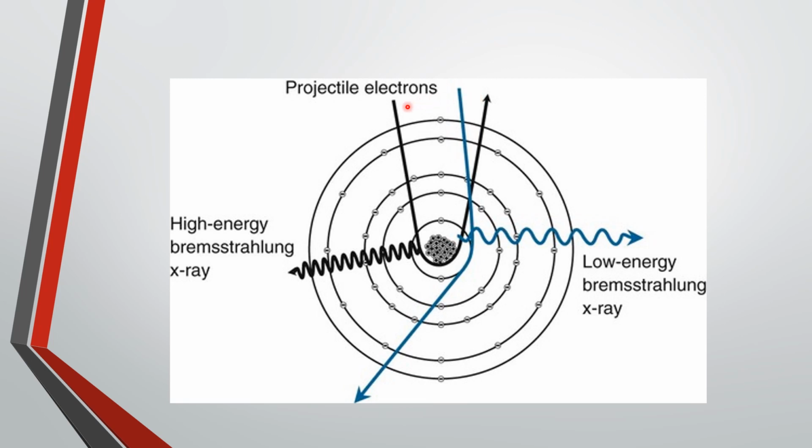It goes close to 180 degrees back, 140 degrees back maybe, or something like that. So it produces a high energy Bremsstrahlung X-ray. Whereas if the same original energy electron comes in, it doesn't come as close, it doesn't interact as strongly with the nucleus, and it doesn't diverge quite as much, a lower energy Bremsstrahlung X-ray will be produced.